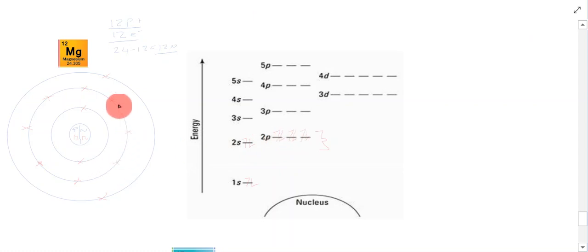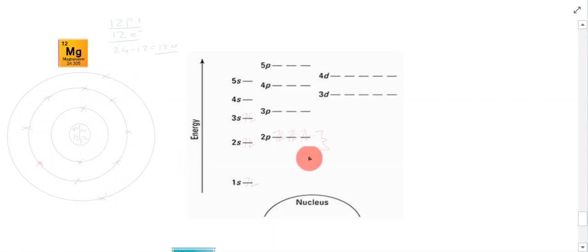These 8 electrons are divided into 2 sub energy levels, but they're all contained within this energy level. Then if we go out to this final level here, we have our two electrons in the s sub energy level.